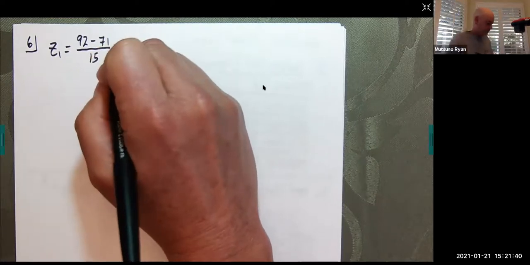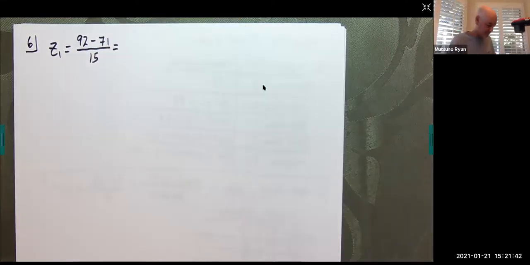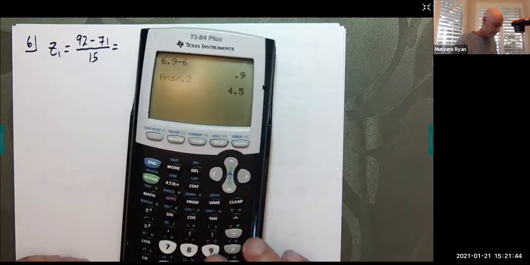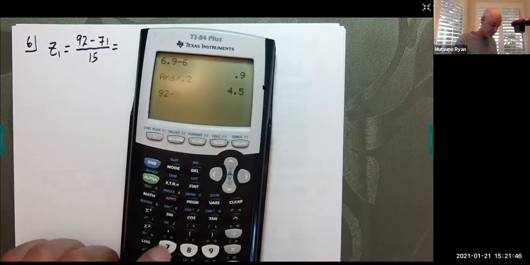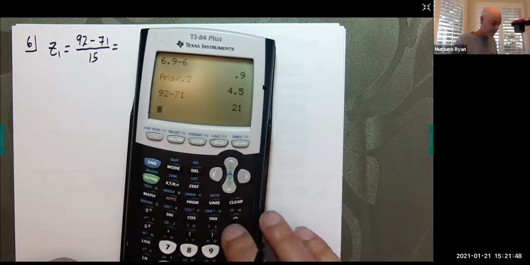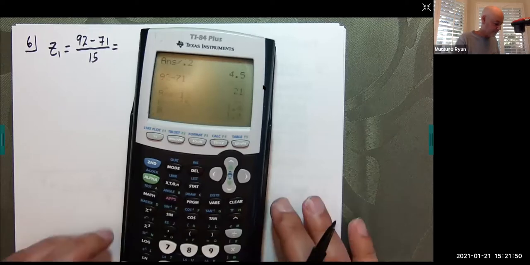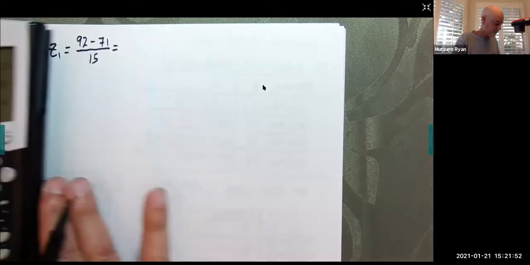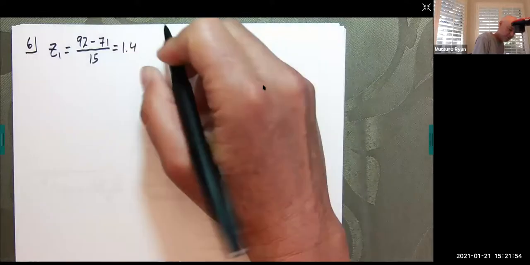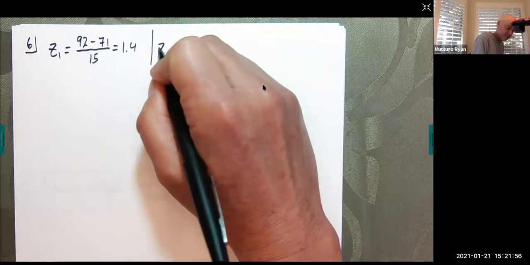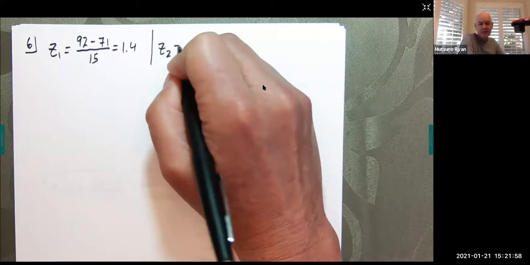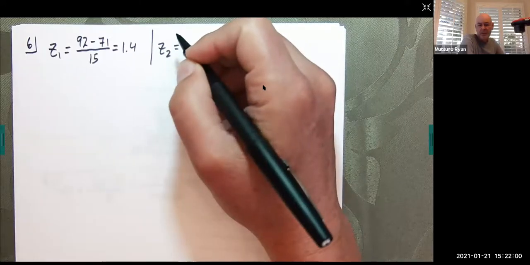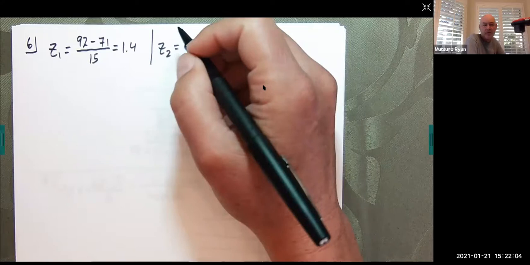Let's see what we get. 92 minus 71 divided by 15. So 1.4. We'll compare that to our second z-score, which is 688 minus 493 divided by 150.